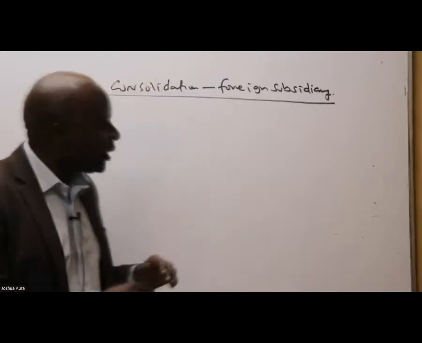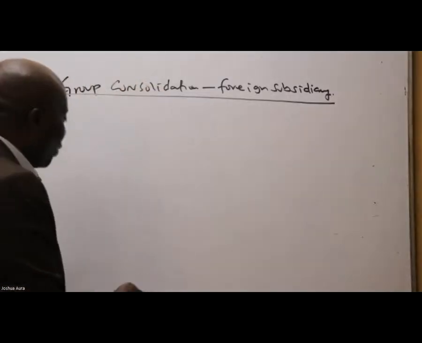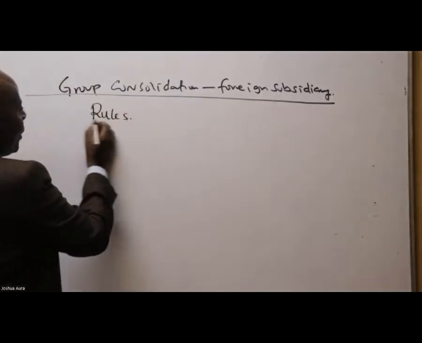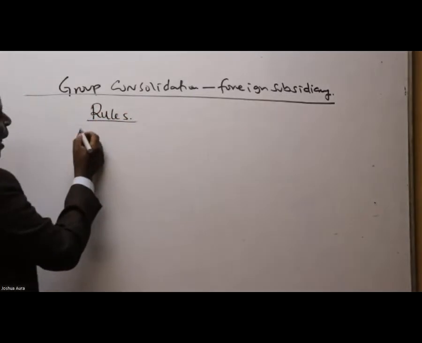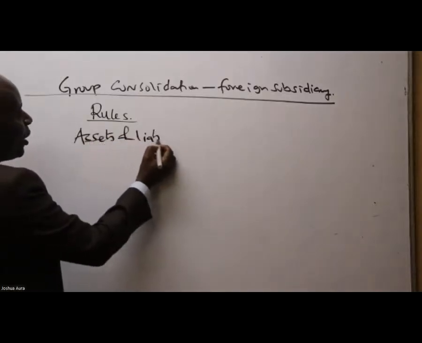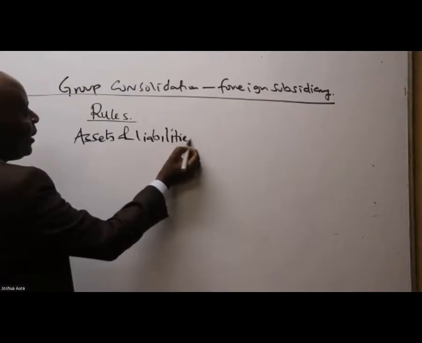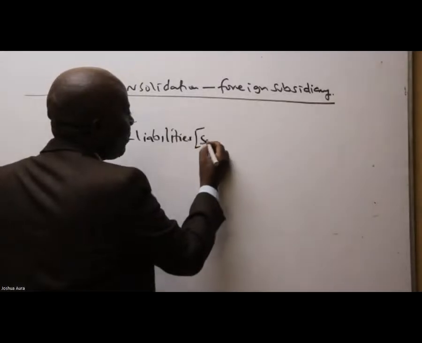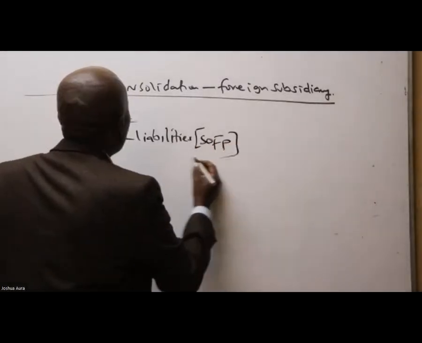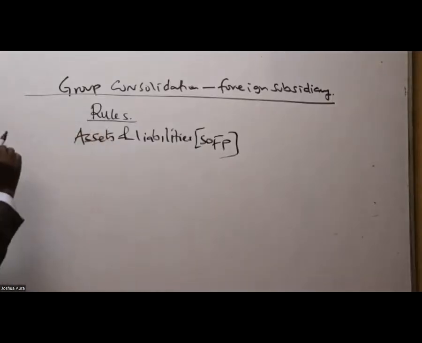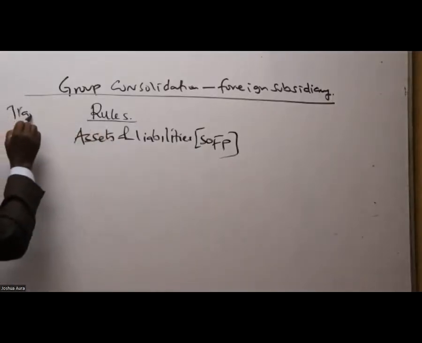Now, when we are translating, what rules are we supposed to remember? Basic rules. The basic rule is that assets and liabilities, where are these found? These are found in the statement of financial position. Remember, these are the rules of translation.